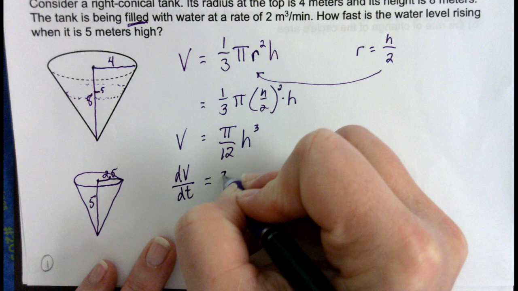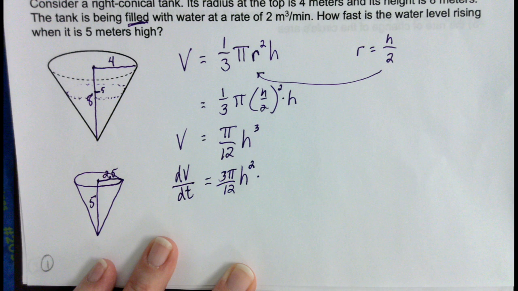That's the difference. Thank you for asking, that was a great question. If you want to simplify it, it's pi over 4 H squared. Great. Okay. So I have dV/dt equals pi over 4 H squared times dH/dt.